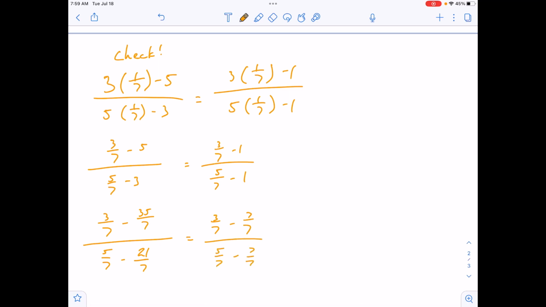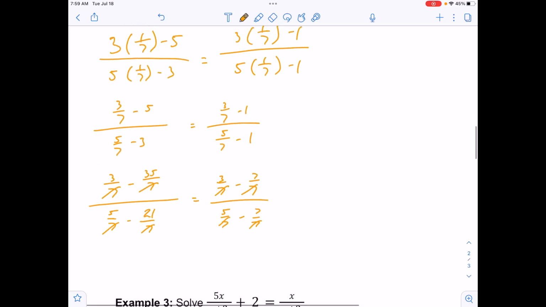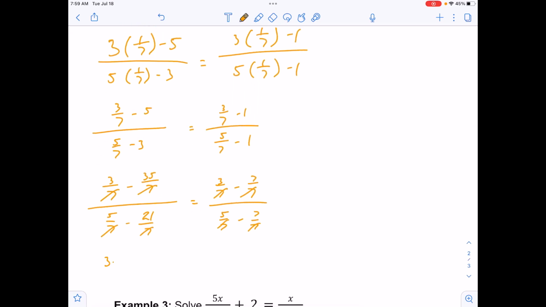And now because all of these have a denominator of 7, I can just divide out the 7. So now my question is 3 minus 35 over 5 minus 21 is 3 minus 7 over 5 minus 7. A lot easier.